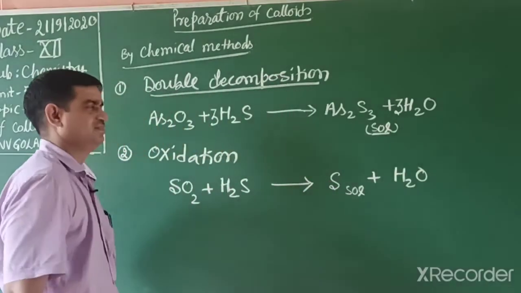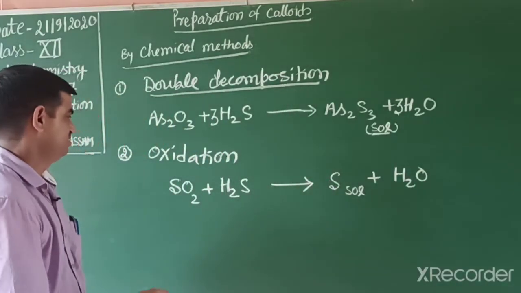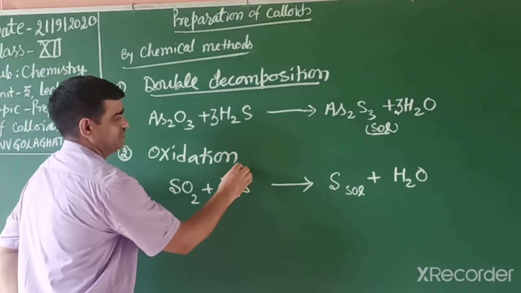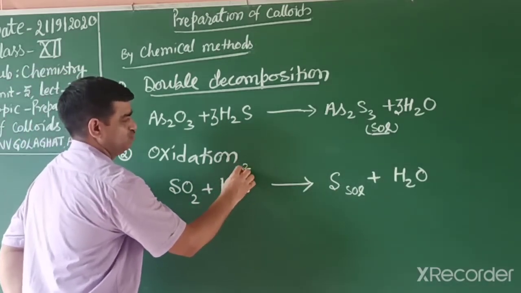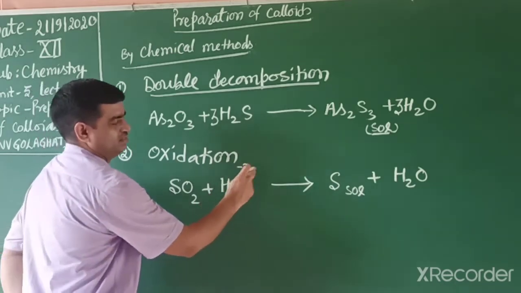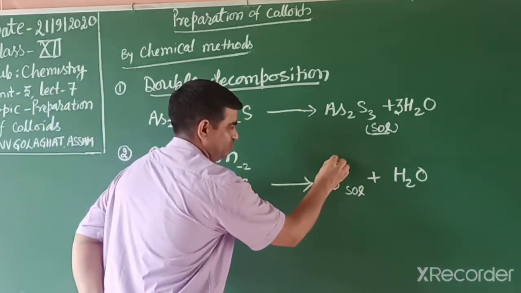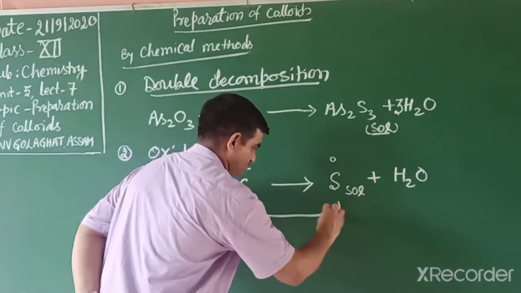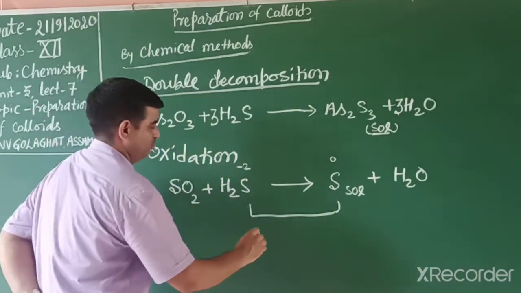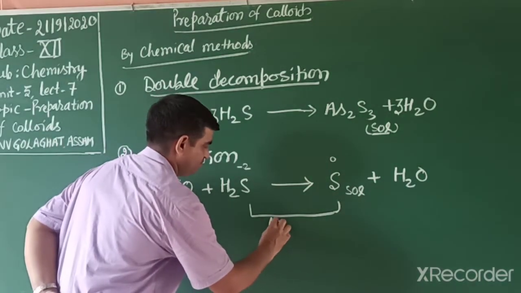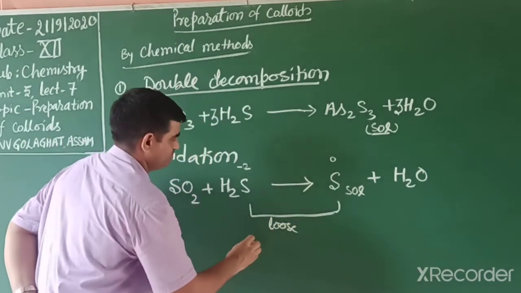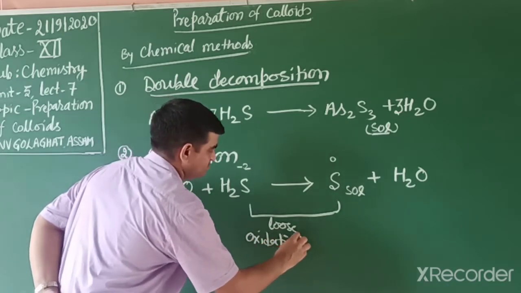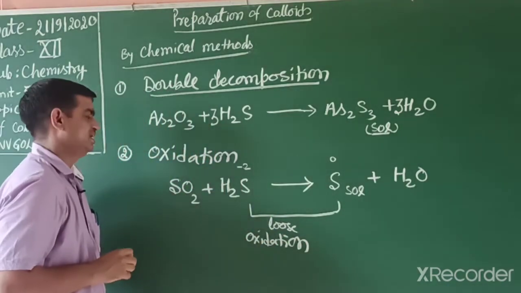When we balance this reaction, students, we observe that sulfur in hydrogen sulfide is in the -2 oxidation state and in sulfur it is 0. It means there is loss of electrons, so it is oxidation. Sulfur is oxidized in this reaction.